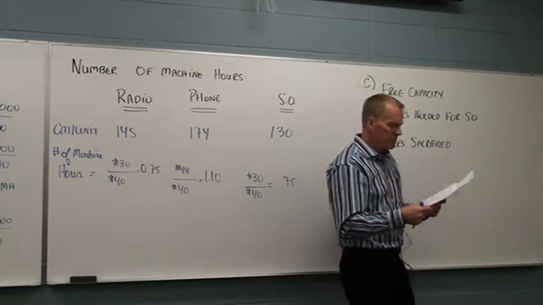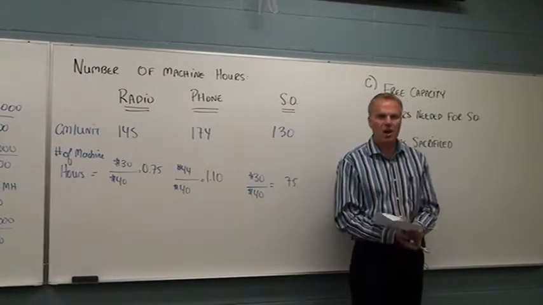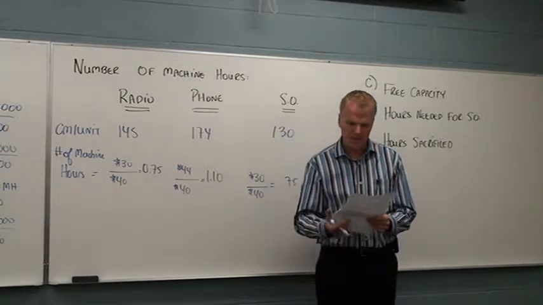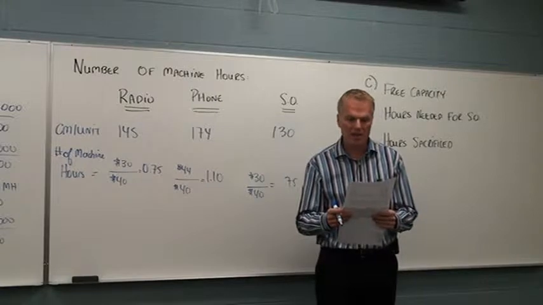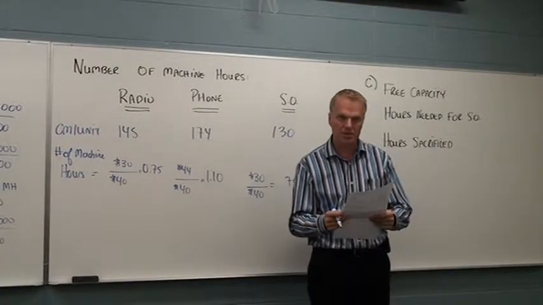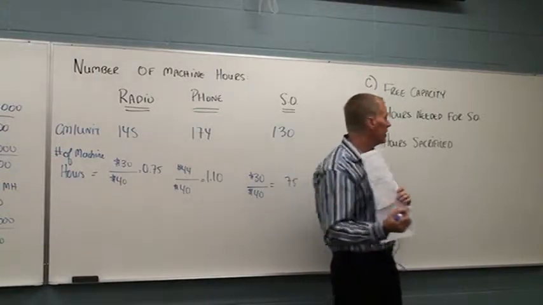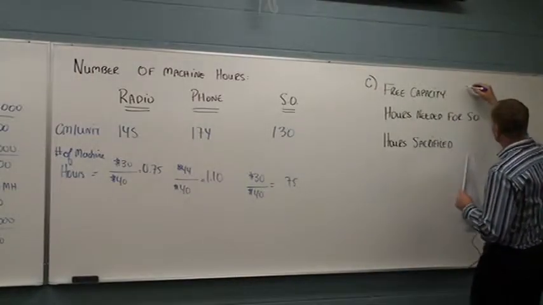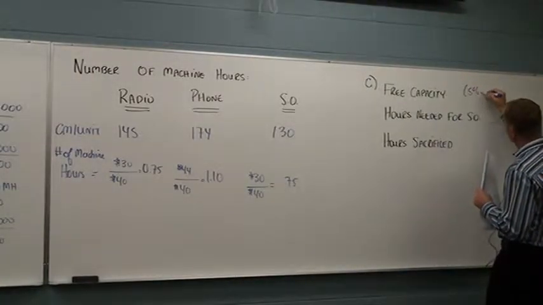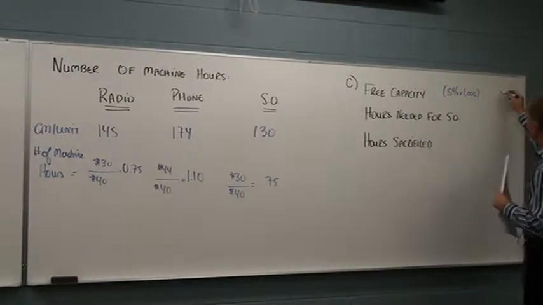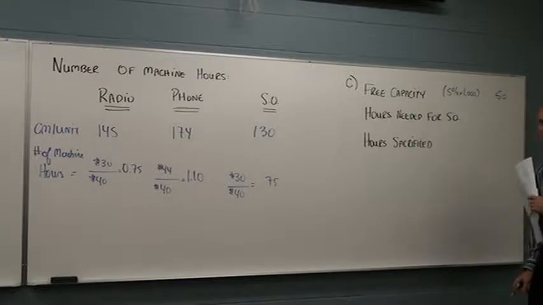Now in part C, we are told that we're operating at 95% full capacity. And we have 1,000 machine hours available to us. That means that we have free capacity of 5%. So free capacity at 5% times 1,000 hours means that we have 50 free hours.